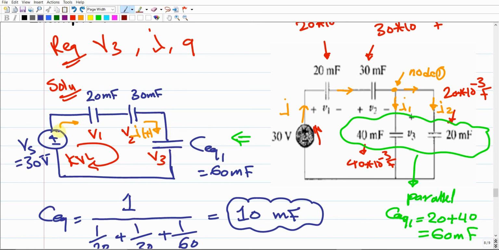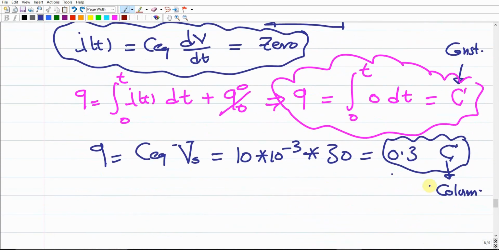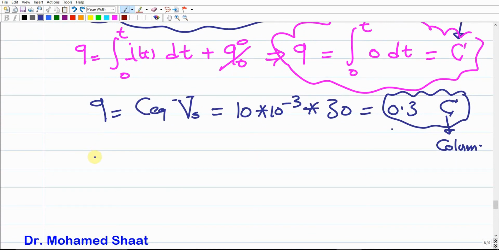We got the charge, and you should understand the charge works like the current. The current over all of these capacitors is the same. So the charge over all of these capacitors is the same, and we already got it as 0.3 coulombs. So what does it mean? It means that V3 should equal the charge, which is the same over all the capacitors, divided by the C equivalent, the capacitance of the equivalent capacitor.